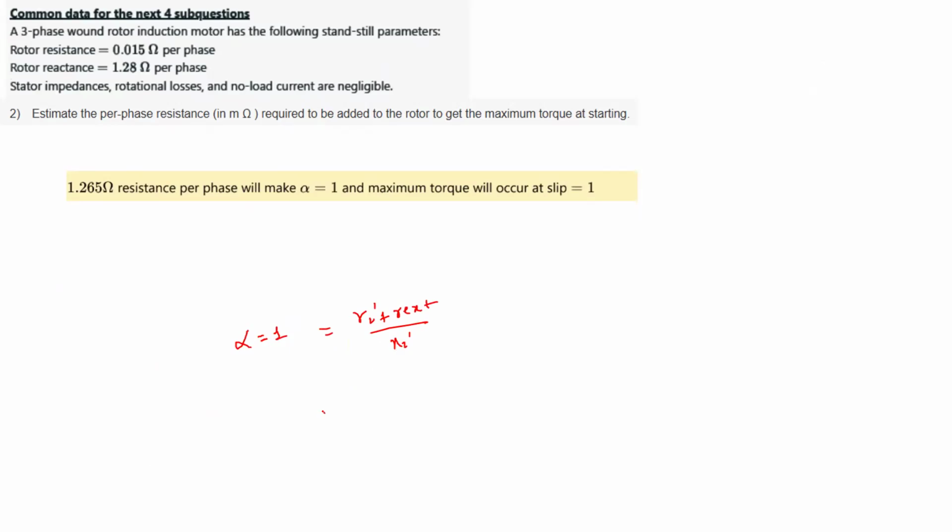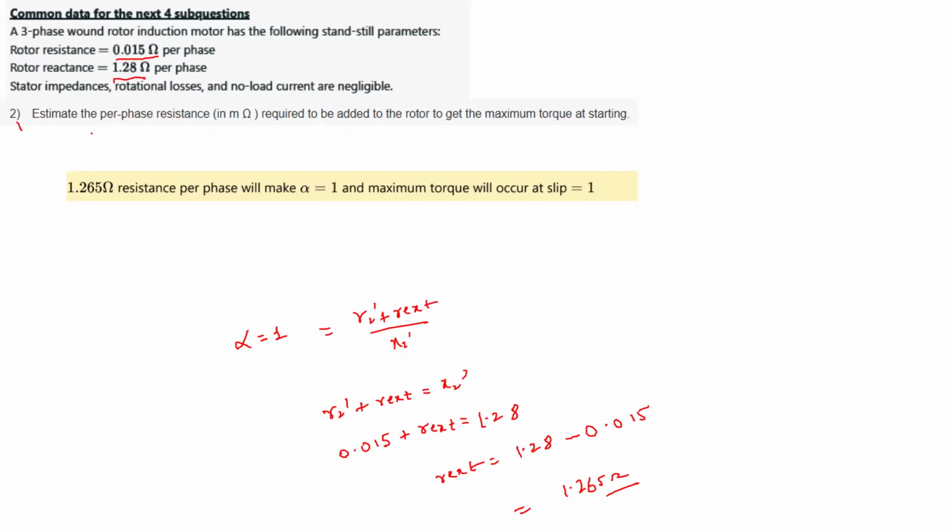So R2 dash plus R external should be equal to X2 dash. We have R2 dash as 0.015, plus R external equal to X2 dash. So R external becomes 1.28 minus 0.015, which is 1.265 ohm. This is the value of external resistance which you have to add.